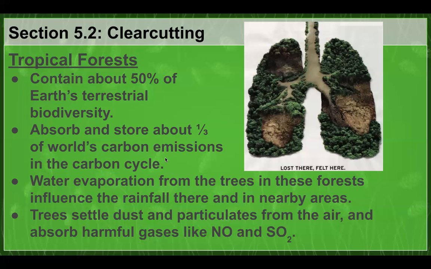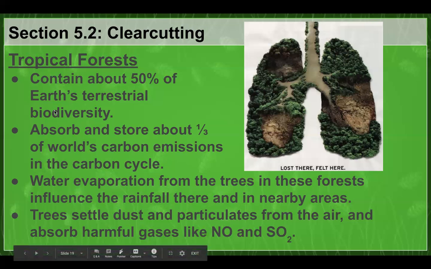So that means they're releasing a lot of water vapor, which will produce clouds, so that either right over those forests or nearby, there will be a lot of rainfall. So tropical rainforests have a vital role in determining the weather patterns that are nearby.